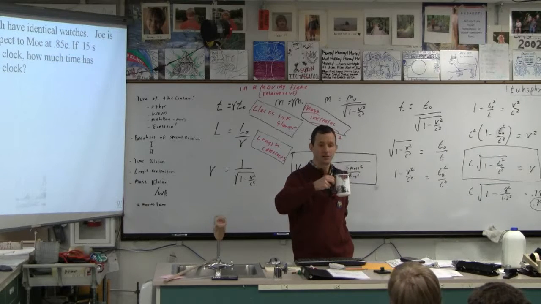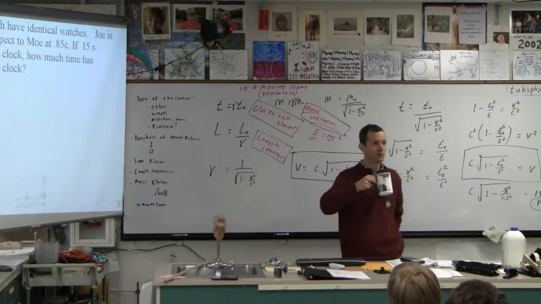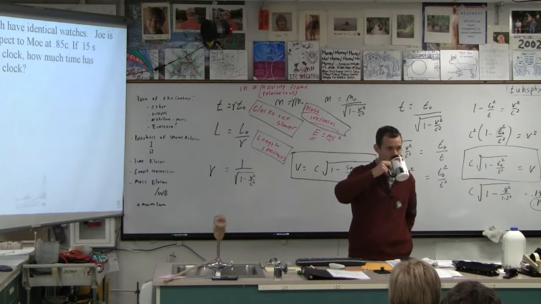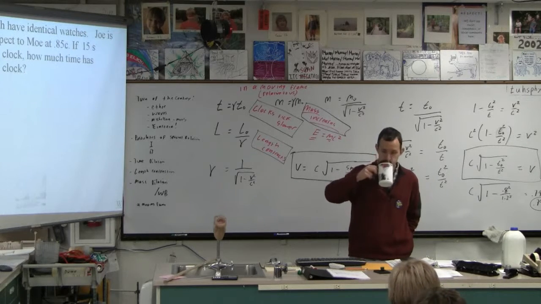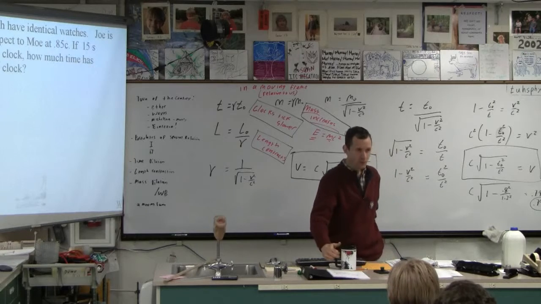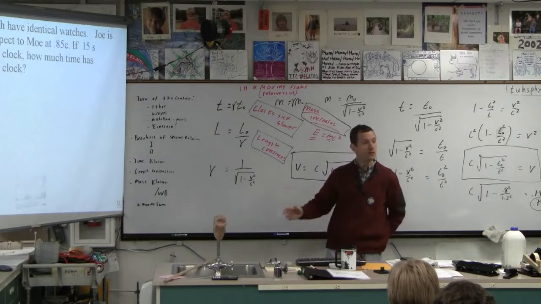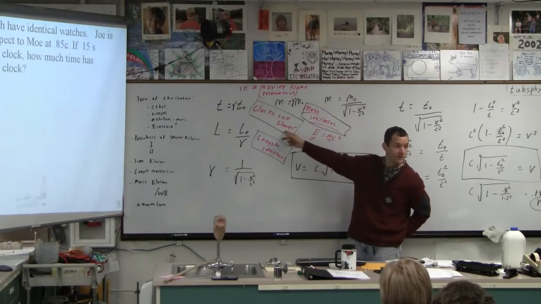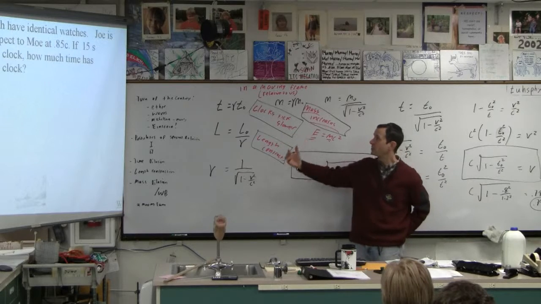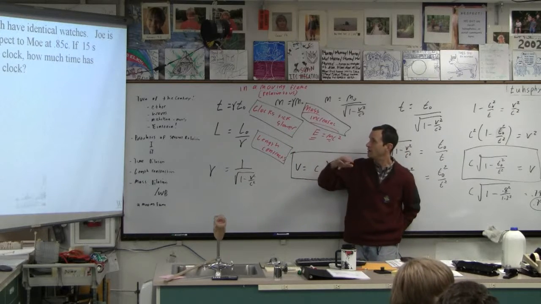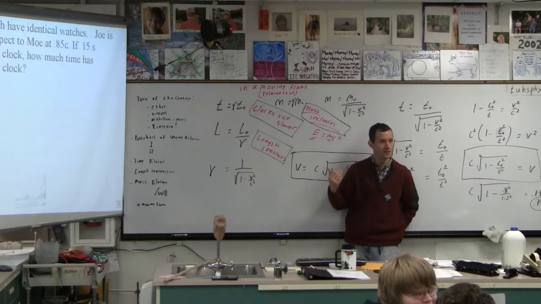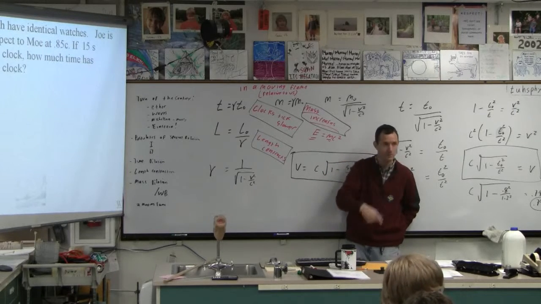It takes longer to tick, therefore less time elapses on the clock. The moving clock ticks slower, yes? Okay, so if these are the same clocks and they normally would stay in sync, the moving one is going to lag behind, therefore show less elapsed time. That's right.